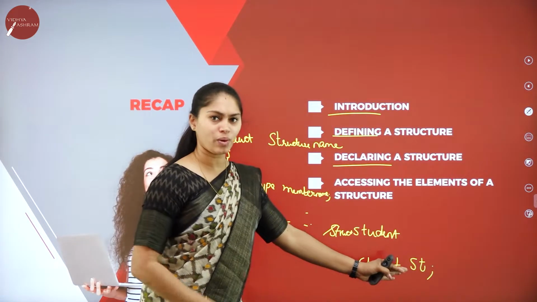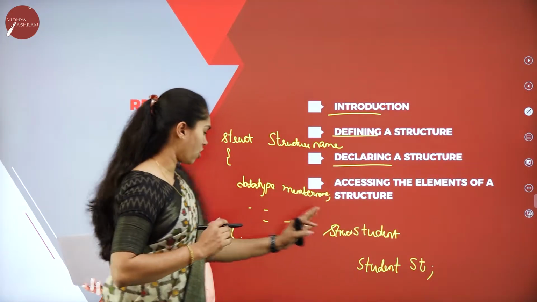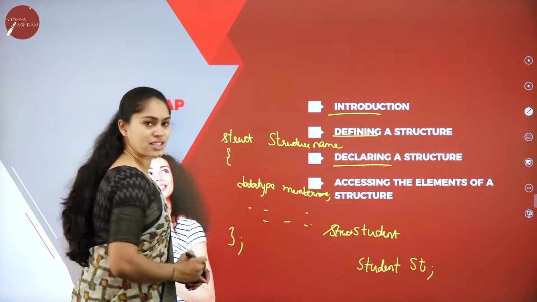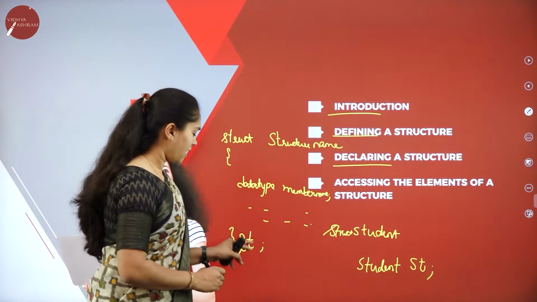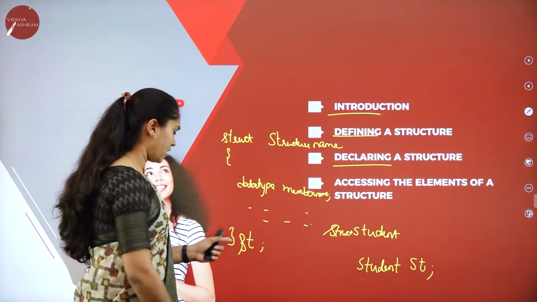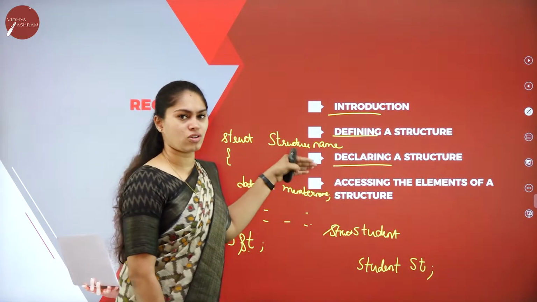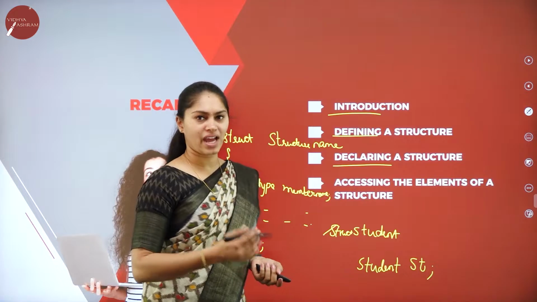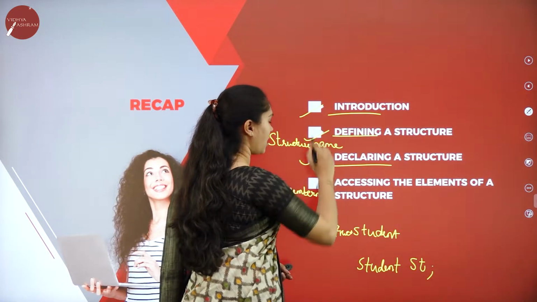This is how we can create a variable in order to access the content of a structure. Or else, before closing the curly braces, I can give the name of a variable, then put a semicolon. That indicates that this variable is a variable of that particular structure. This is the declaring of a structure, the definition and introduction part.